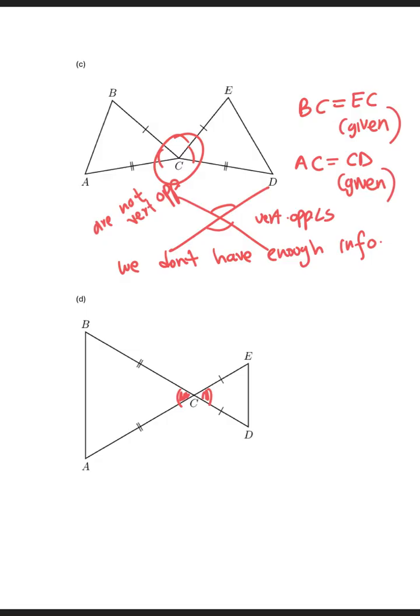These ones are vertically opposite, so we can say BCA is equals to ECD. They are vertically opposite angles.